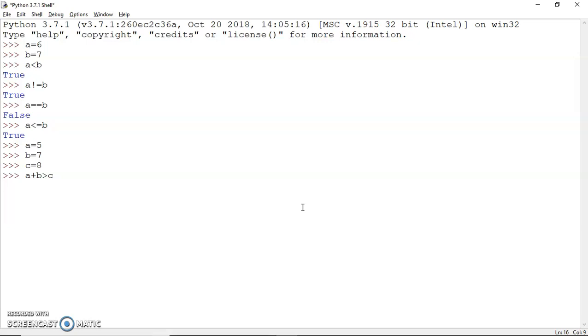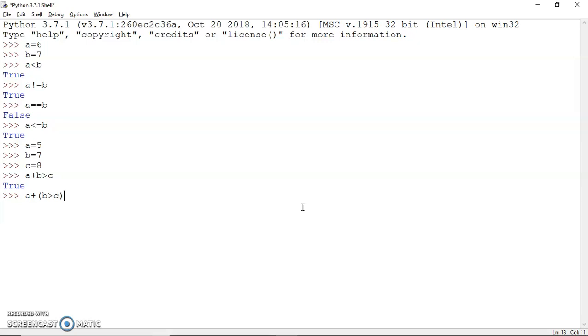So a plus b would be solved first. So 5 plus 7 is 12, and 12 is greater than 8 is true. Similarly, if I try to write a plus b greater than c, what answer would you expect now?